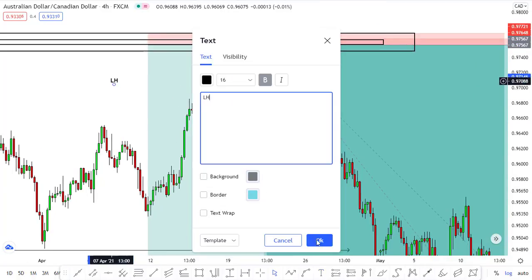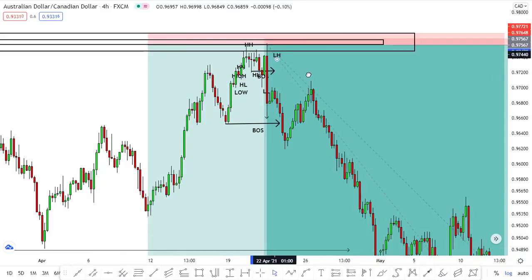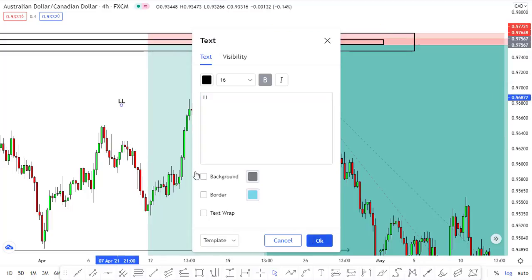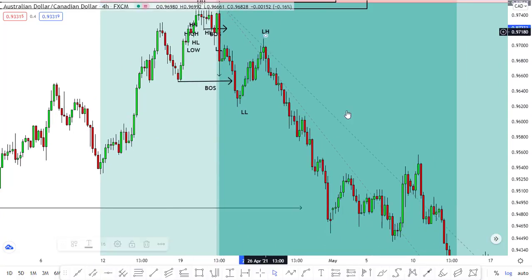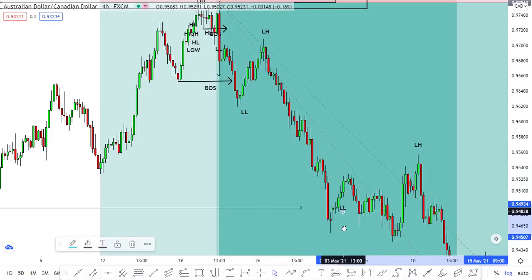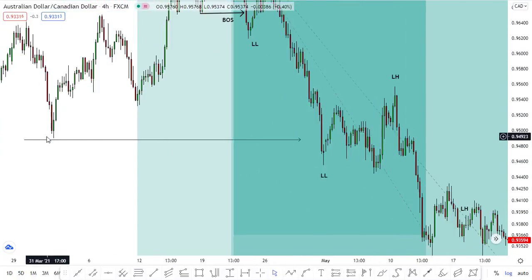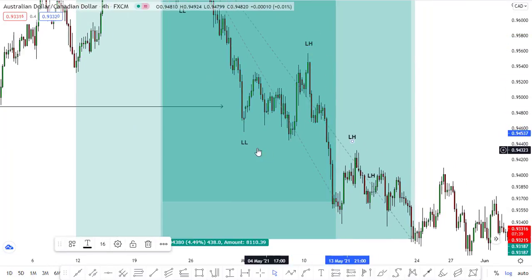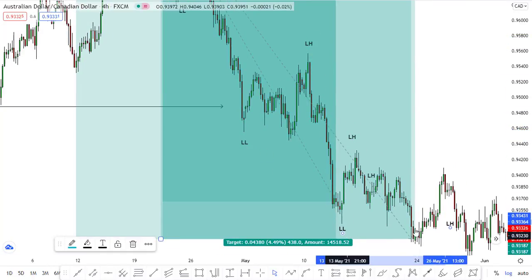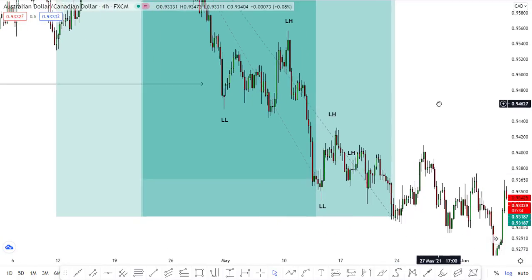We have a low high right here, we have a low right here, another low high, another low, another low high, and another low, another low high, and another low.